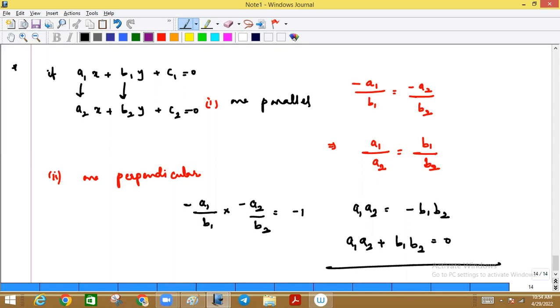This is when the lines are perpendicular. First parallel, second perpendicular.